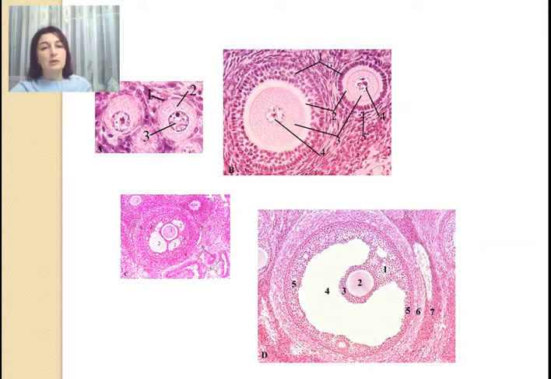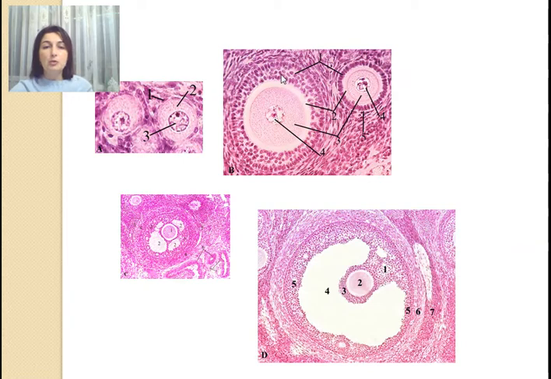From them, by the time of puberty just 350 to 400,000 primordial follicles will survive, and from them just 350 will fully develop during the whole sexually active period of the life of the female. During each menstrual cycle approximately 20 primordial follicles will start their growth, and the primordial follicles will be converted into the primary follicle.